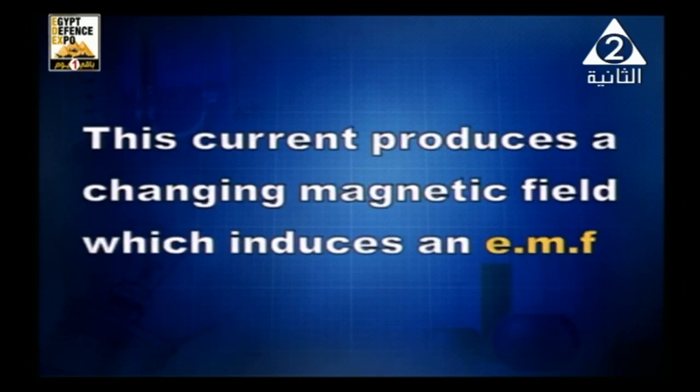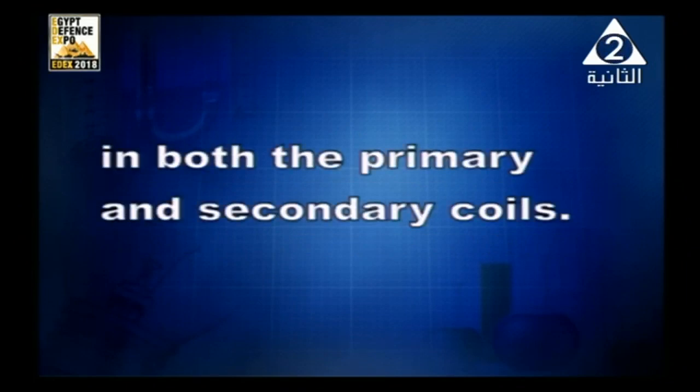This current produces a changing magnetic field, which induces an EMF. So an EMF is induced in the primary coil. And as a matter of fact, an EMF is induced in the secondary coil also. So an EMF is induced in both the primary and secondary coils.